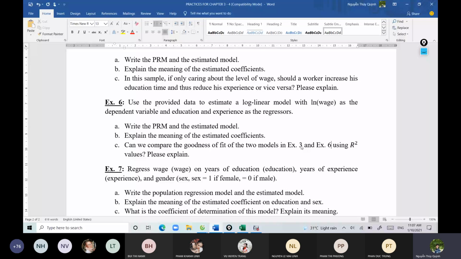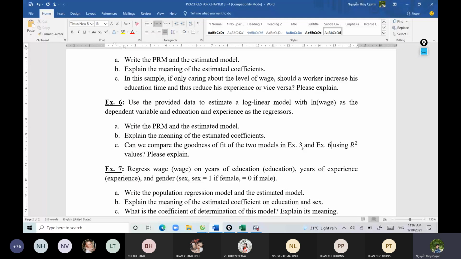However, you can see that in exercise 3 the dependent variable is wage, and in exercise 6 the dependent variable is log wage. That's why we cannot compare the two models, because in exercise 3 we explain the value of wage, but in exercise 6 we explain the value of log wage.